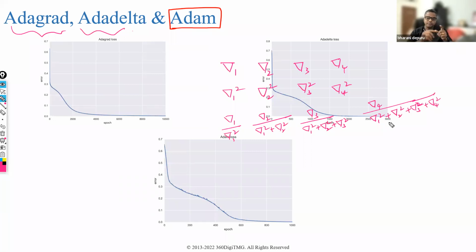But here, since we are squaring, we are giving importance only to the positive values. And in AdaGrad, we were giving equal weightage to all of these. But in AdaDelta or RMSProp, we were treating older elements as less important and the newer gradients with more importance.